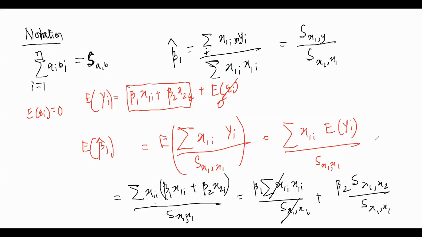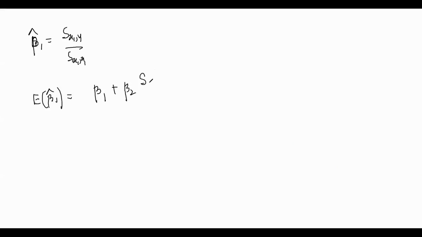So therefore, we got the following results: beta 1 hat is equal to S of x1 comma y by S of x1 comma x1. Expectation of beta 1 hat we got to be beta 1 plus beta 2 S of x1 comma x2 by S of x1 comma x1.